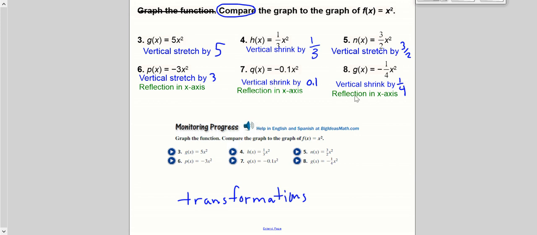Remember, the ones with the negatives give you reflections in the x-axis. If you use the ebook on the Big Ideas Math website, the monitoring progress problems have little play buttons next to them. And you can click on those and it'll play through those examples as well. All right, pause here to check your answers.